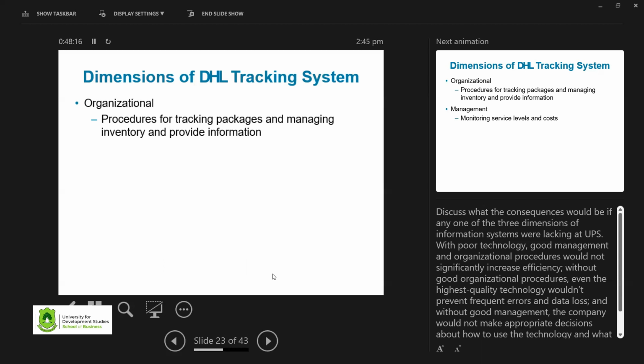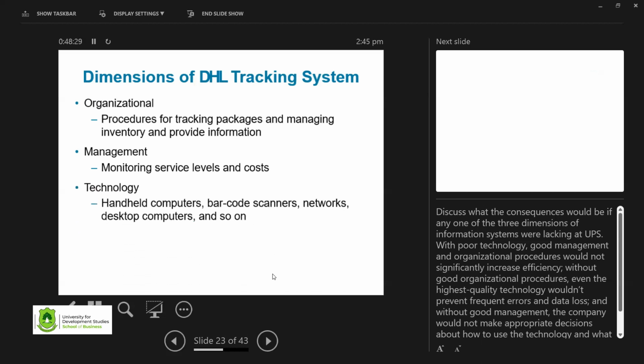So at the organizational level, they will make sure that all of this is what? Is intact. Management, the top managers will be able to monitor service levels and what? And costs. Then technology-wise, they should be able to provide handheld computers, barcode scanners, network, desktop computers, and so on.